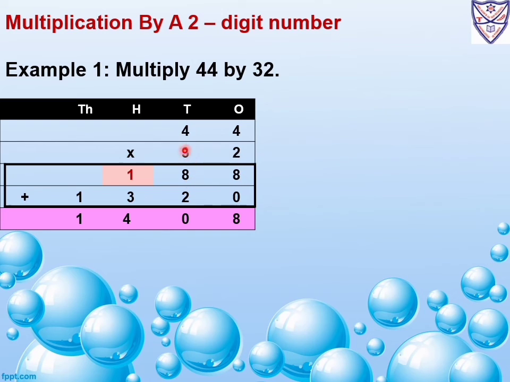Now see, 3 is in the tens place, which means 30. So in the second line we first write 0. Whenever we multiply by a two-digit number, in the second line we first write 0. Then we start with the tens place 3. 3 fours are 12. So we write down 2 and carry over 1.